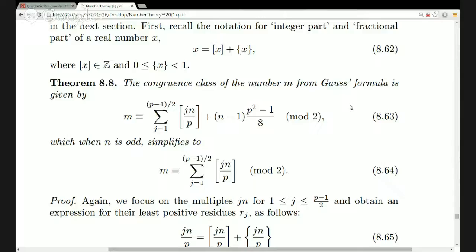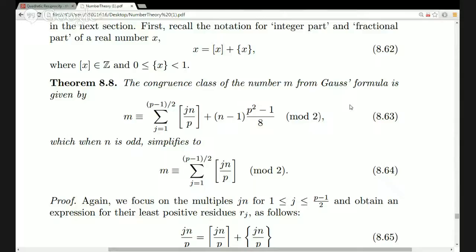Now there's another weird bit in it in general, this n minus 1 times p squared minus 1 over 8. However, when the number n we're focusing on is an odd number, this term is going to go away. Because when n is odd, this factor here, n minus 1, is even, of course. So if you're considering it modulo 2, when n is odd, this bit will be 0, because you'll have an even number here.